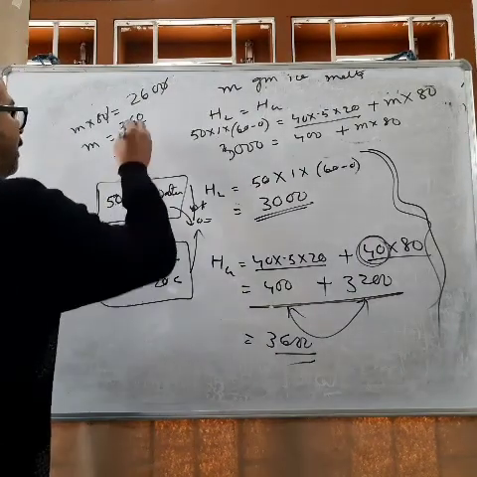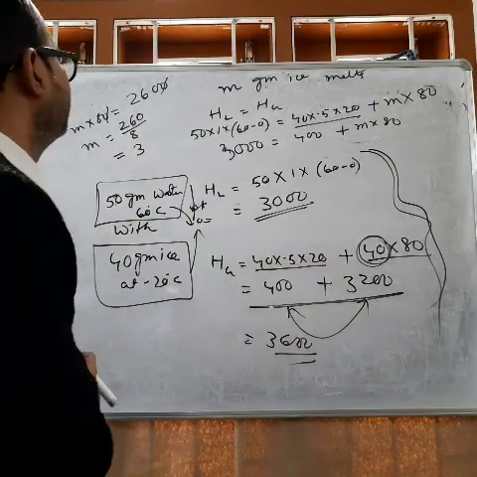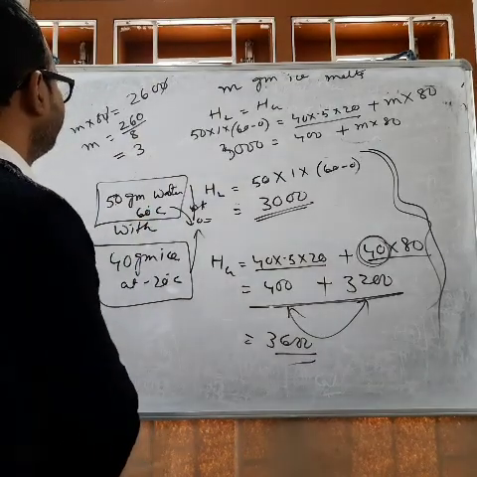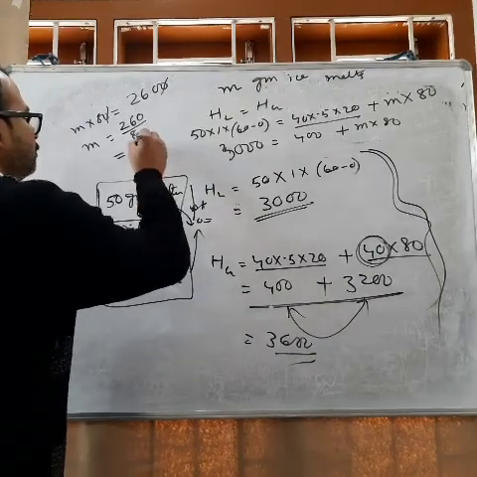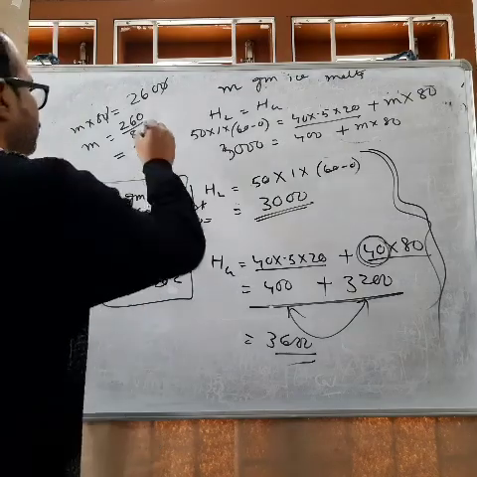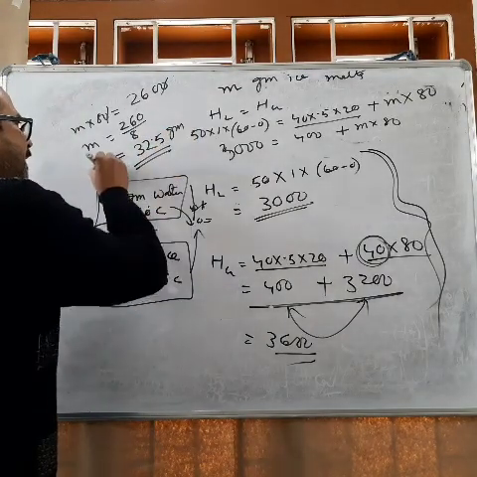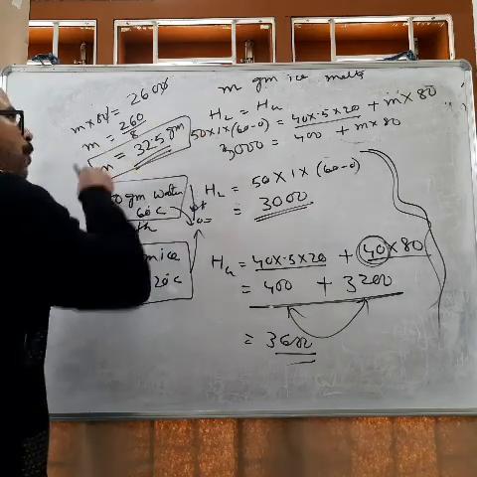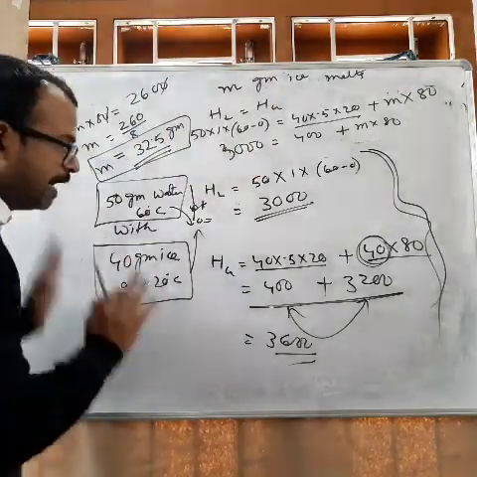Let me divide. I think calculation done correctly. So 32.5 gram of ice melts and still remaining as ice.